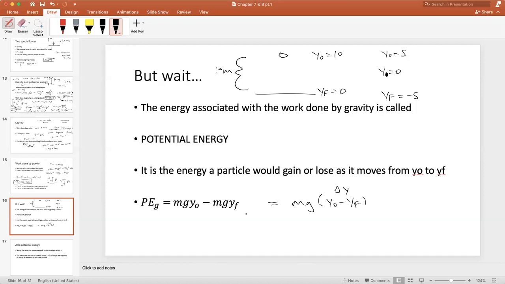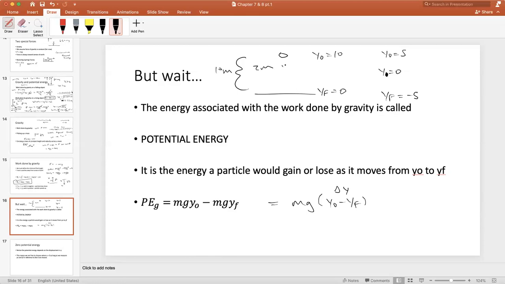Why am I going through that? Because normally in these problems, you're going to want to choose the initial y value or the final y value to be 0. Wherever you care about, you choose that to be 0. What if I asked you, after it's fallen 2 meters, what is the kinetic energy?